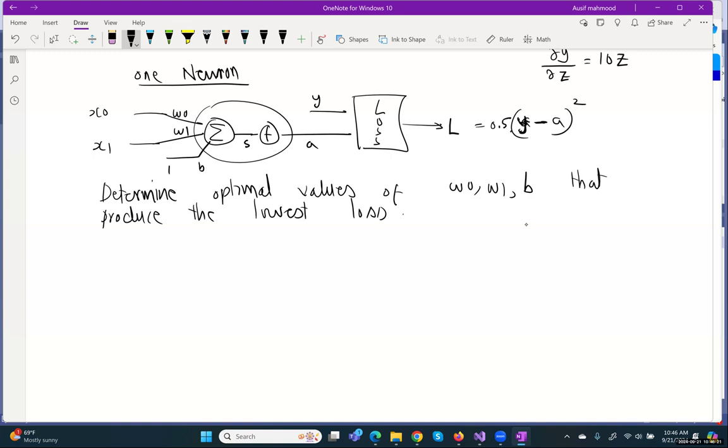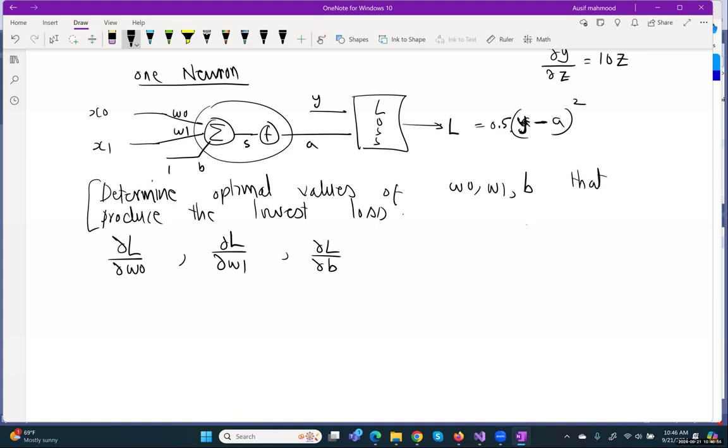So in other words, to determine this, we need to determine partial L over partial W0, partial L over partial W1, and partial L over partial B. Then we will set these to 0 and apply these in an iterative manner using the gradient descent algorithm, and gradually it will tell us the ideal values for W0, W1, and B.